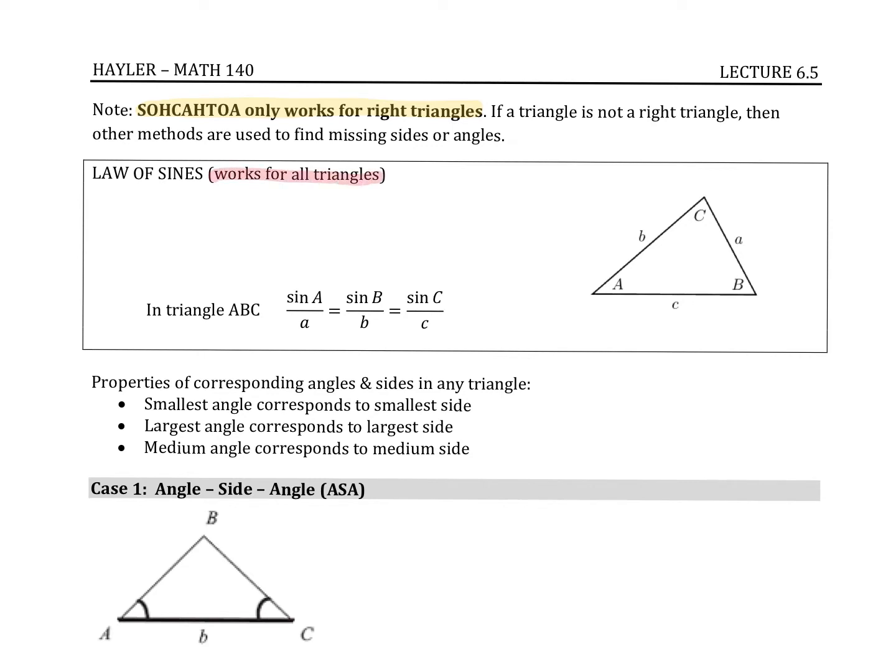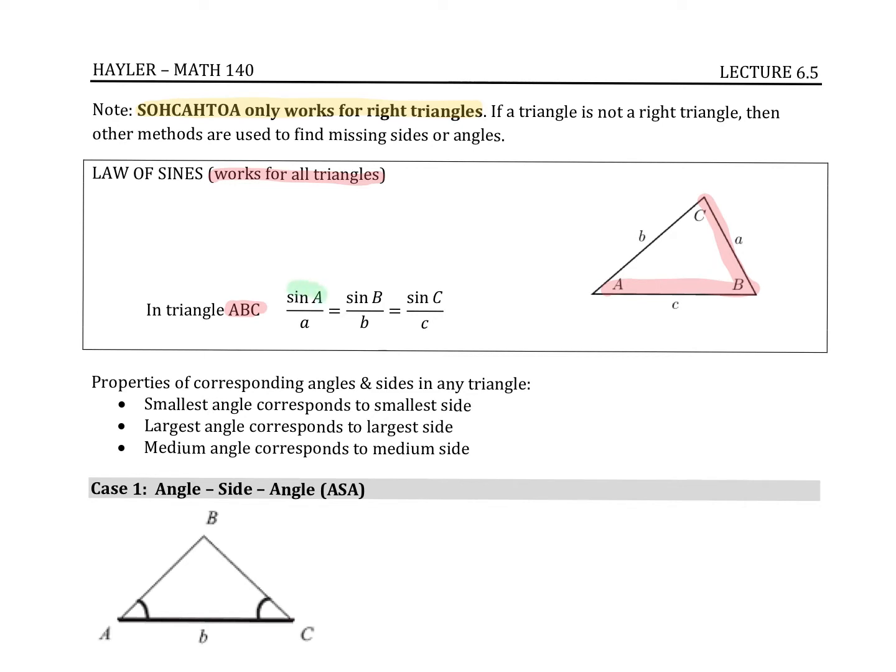What is the law of sines? Basically it's three ratios, and we're only working with sine. If we have a triangle ABC, once again, when you read a triangle, that's the order in which you read out the angles. We have these three ratios, and it has to do with the angle and the side.